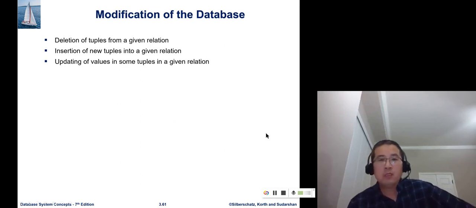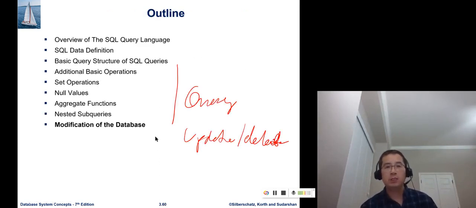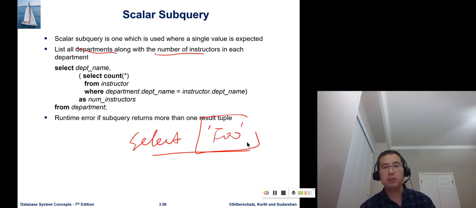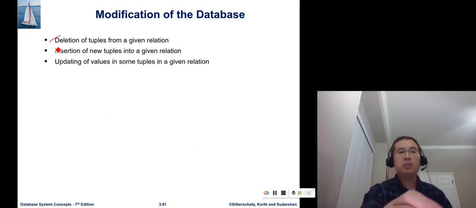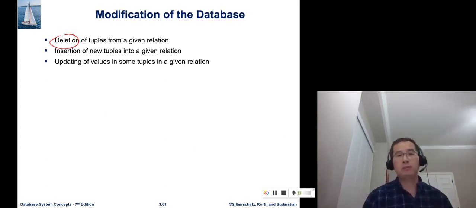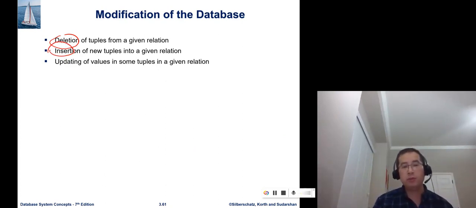Let's look at insert. So this last one is about modification of the database. This is used very often as well. We can delete tuples. We can insert a new tuple or a set of new tuples. In fact, we can do that in a batch mode, that means insert multiple tuples.